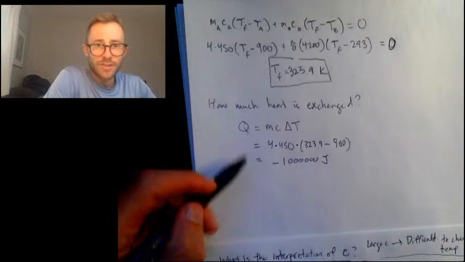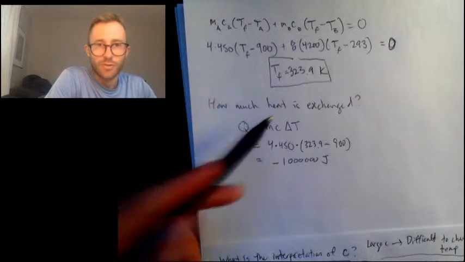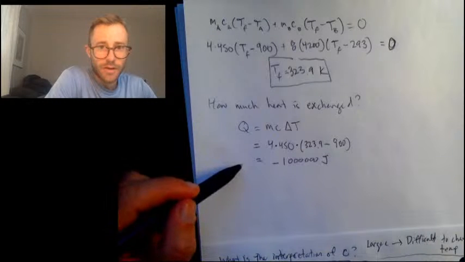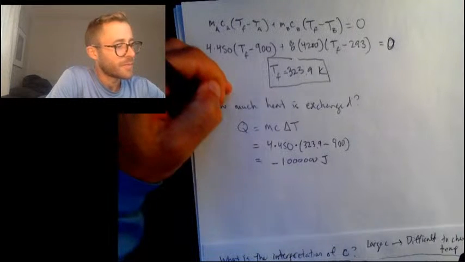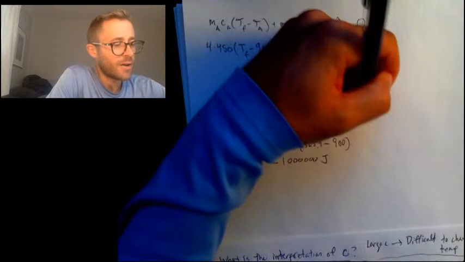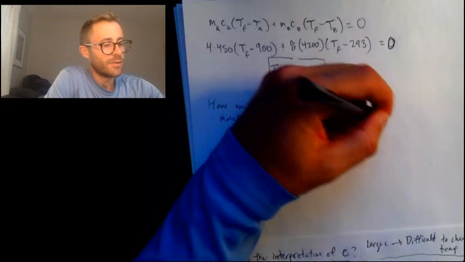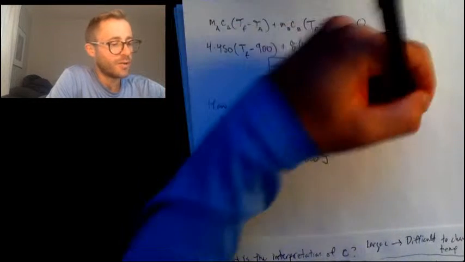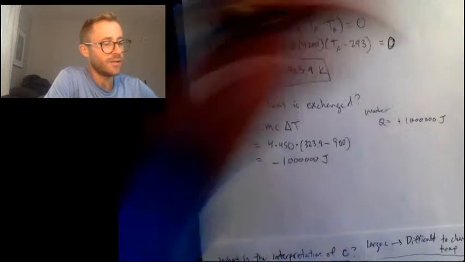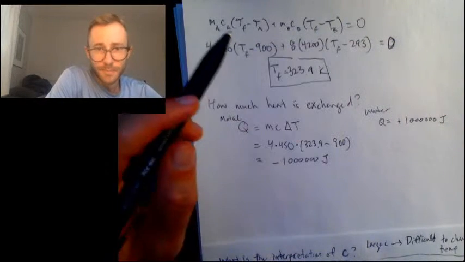Okay, now why is it negative? It's because the metal, its temperature dropped, so it actually lost, it gave up heat. If we had done this for the water, we would get Q equals plus 1 million joules, because the heat that was lost by the metal was gained by the water.